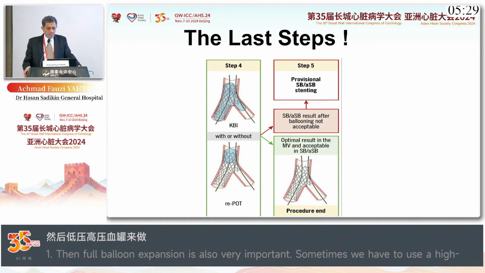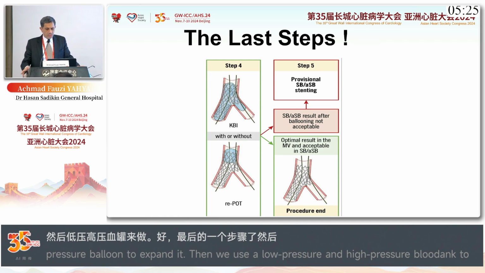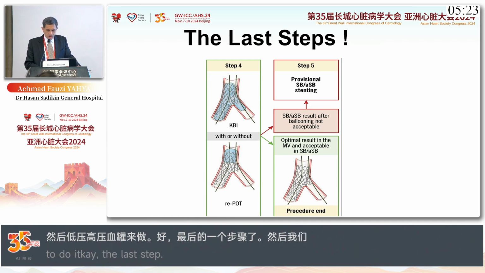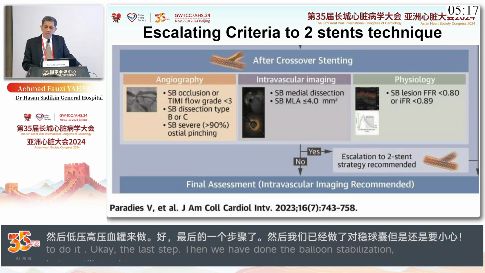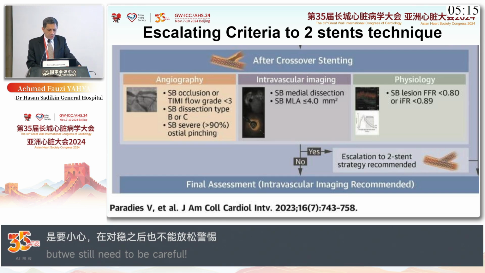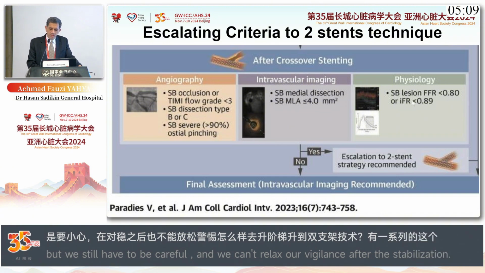The last step: sometimes we already did kissing balloon, but we have to be cautious after that. How to escalate the criteria to the two-stent technique? There are many recommendations using angiography, intravascular imaging, or physiology.